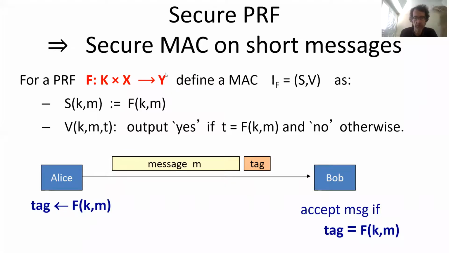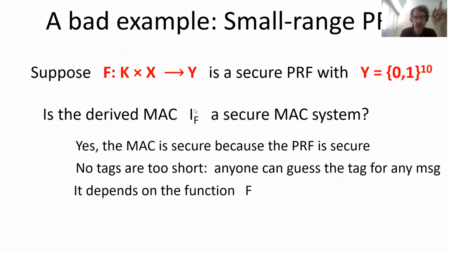So it's 1 over the size of this range. So that's the only thing: if the range is small, the tags are too short, right? You will be able to, just by guessing, win the game with probability 1 over 2 to the 10, 1 in 1,000.